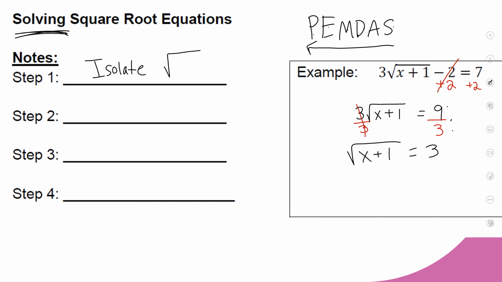Step 1 was isolate the square root symbol. The square root symbol is now by itself. Okay? Now let's go ahead and move on to step 2. Step 2, we are going to square both sides of the equal sign.